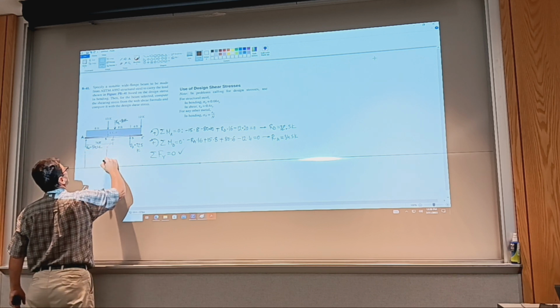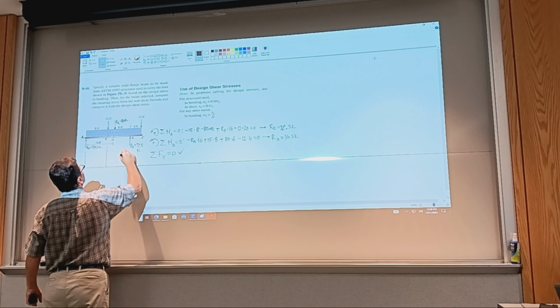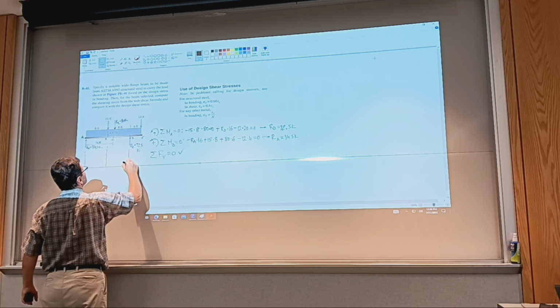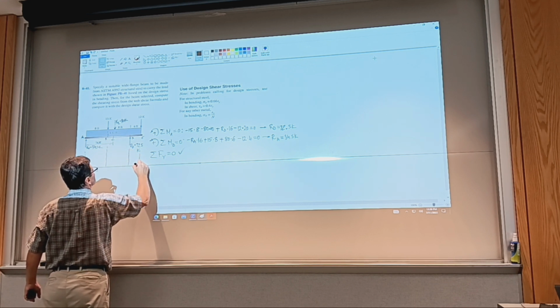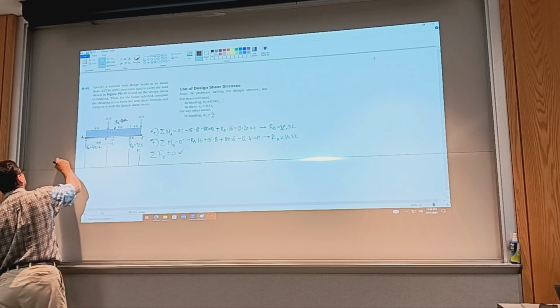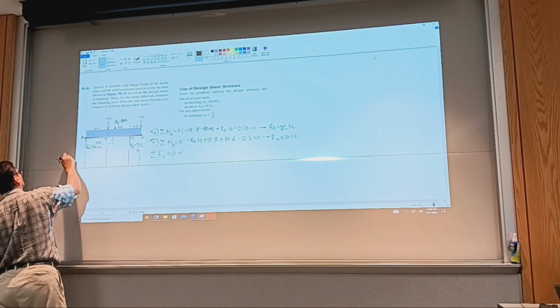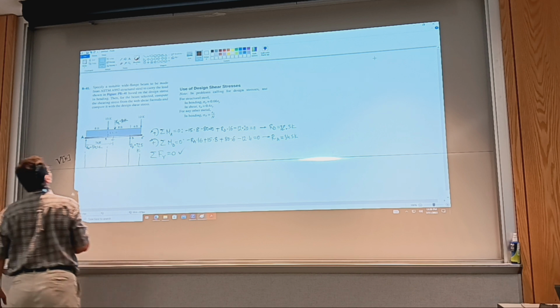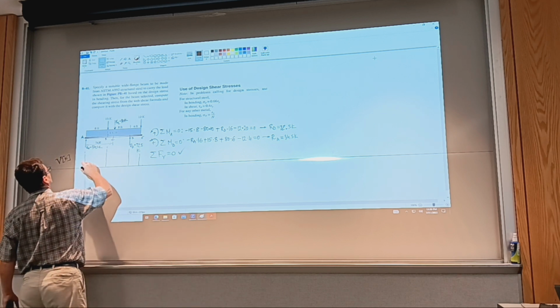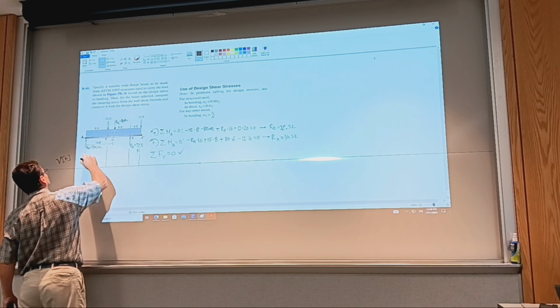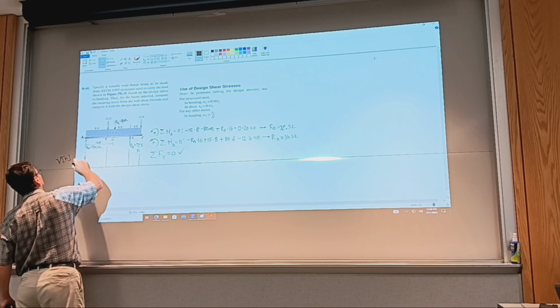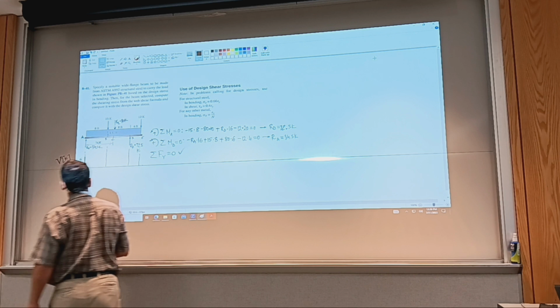Point C is no longer relevant to us. It was introduced just to evaluate the loads. We have V, units of kilopounds, and we begin with a 34.5 jump up. So a jump is up, a drop is down, so 34.5.